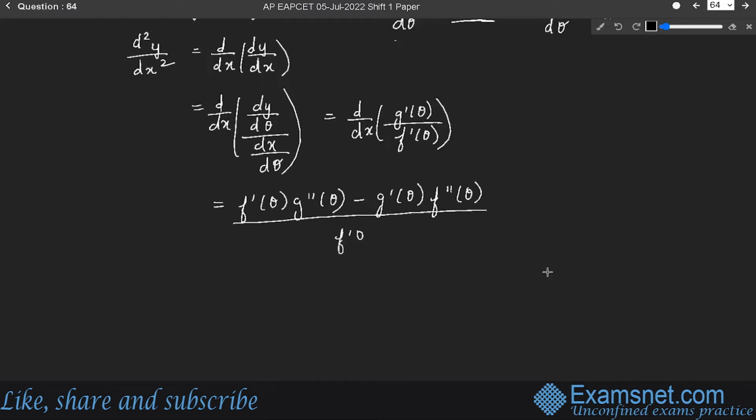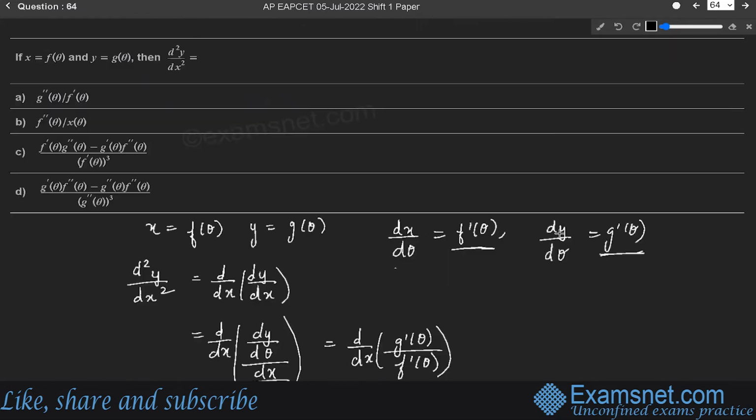So the value is f dash theta into g double dash theta minus g dash theta into f double dash theta upon f dash theta cube, which is option number C here.